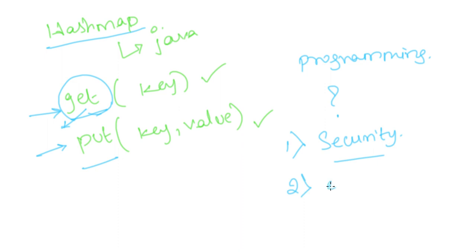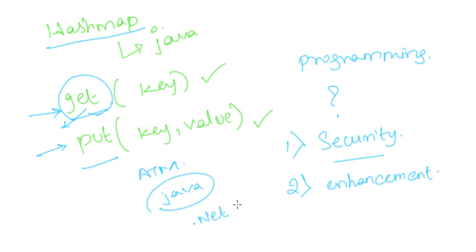The second one is enhancement. In the sense, if I change the internal implementation, the user will still be able to use the same old approach to get his work done. For example, in the ATM I have used Java code before and now I'm changing this Java code to .NET code for more functionality and so on.